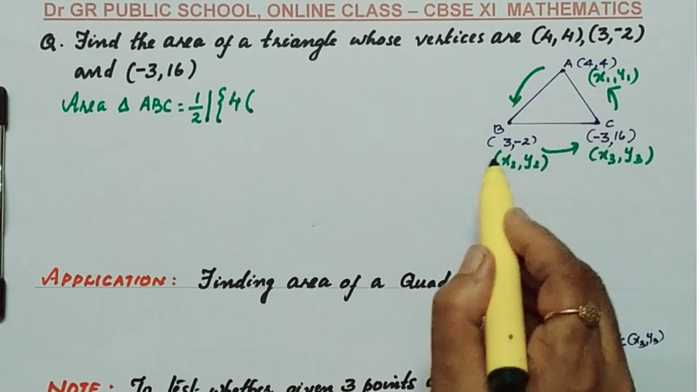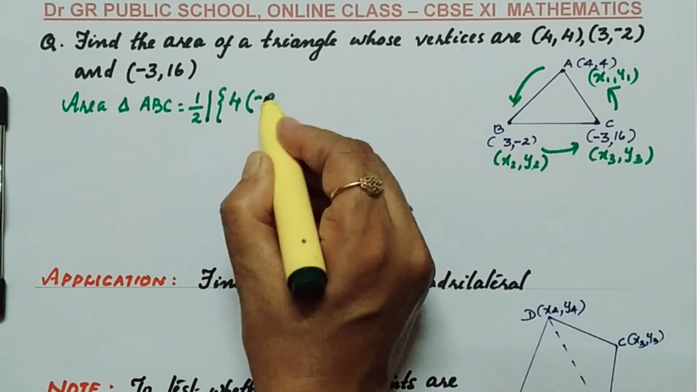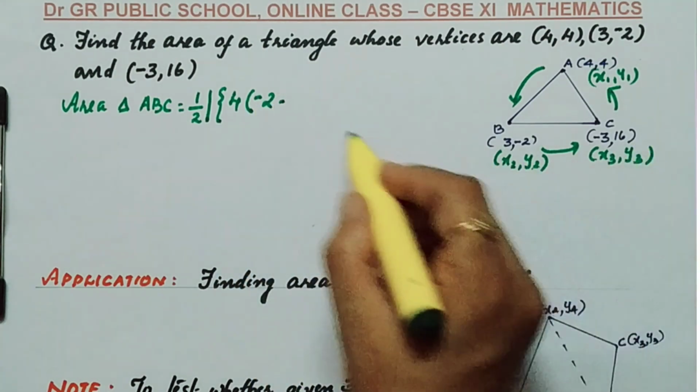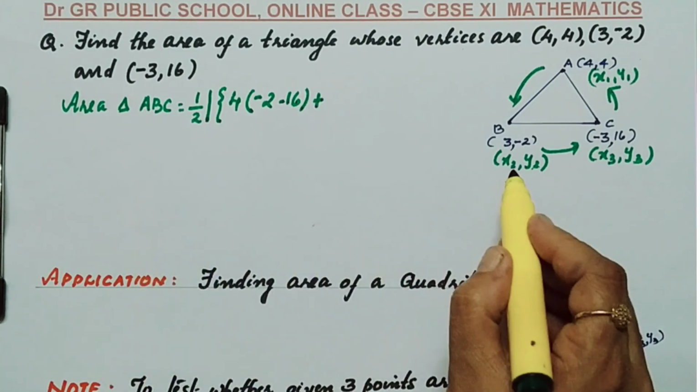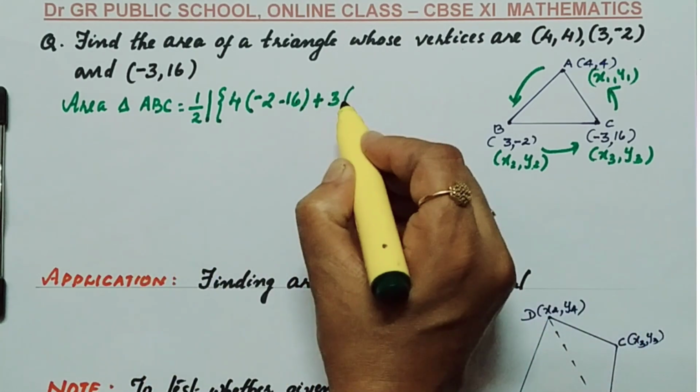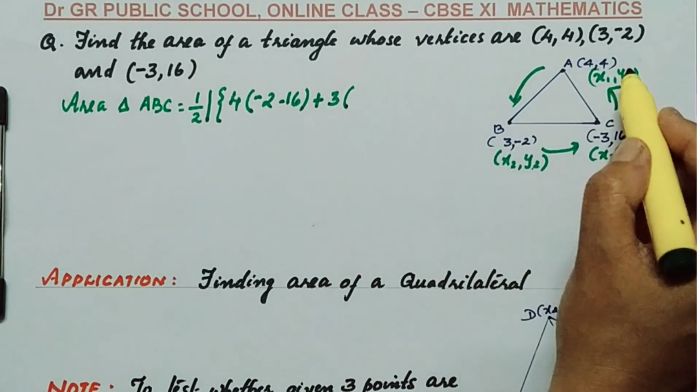x1 into y2 minus y3. What is y2? y2 is minus 2, minus y3, which is 16, plus x2, which is 3, into, when taking x2 you need to subtract y3 minus y1.